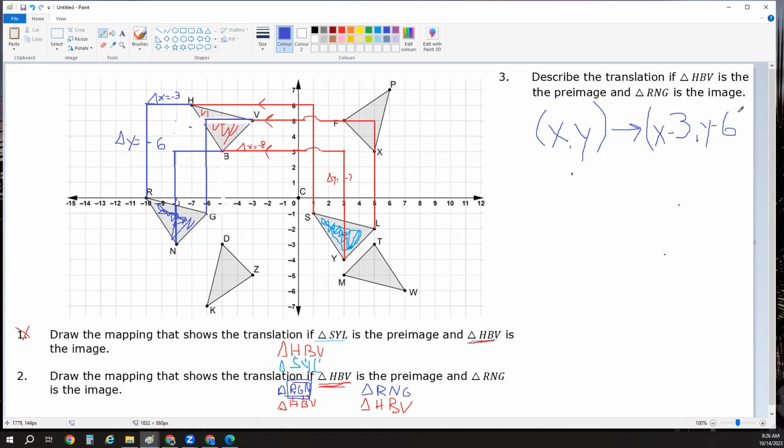And that is just the algebraic description of the translation. So that is enough to answer the question.